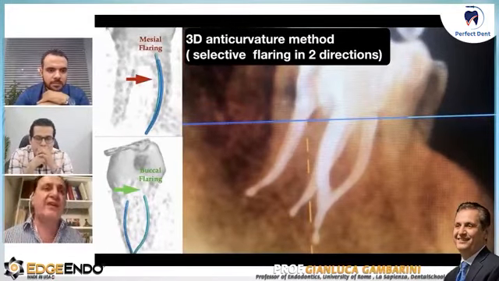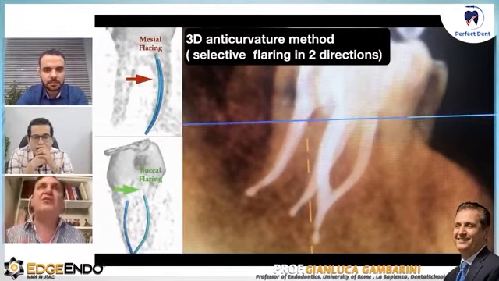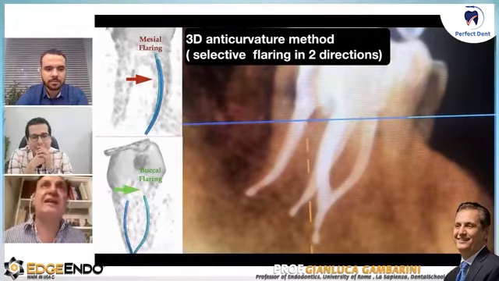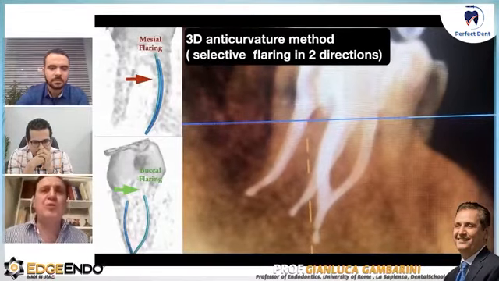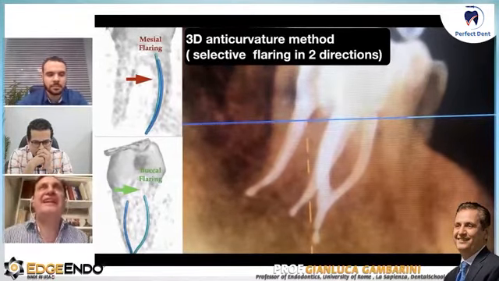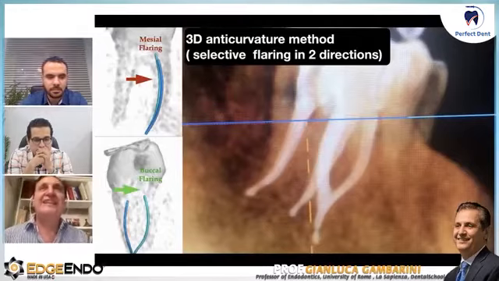And where do you cut? For example, in a molar case like this, you have to cut mesial, and also buccal, because there is also a buccal curvature in the coronal part. So if you want to do selective three-dimensional flaring, you have to cut 180 degrees, mesial and buccal, in your canal.